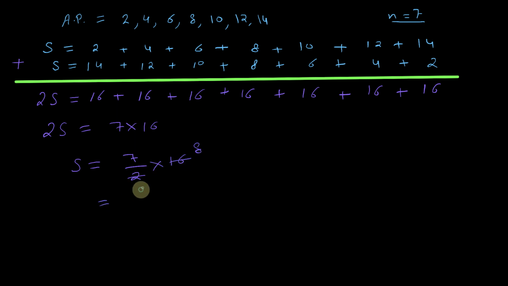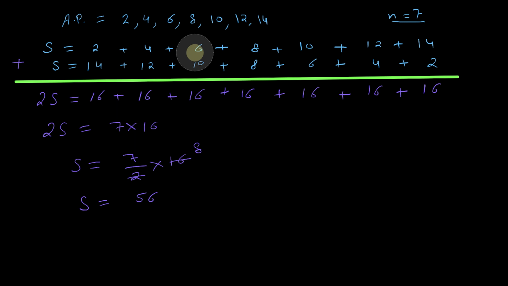You will get 7 into 8, 56. So sum of these terms is 56. Now consider what would happen if there are more number of terms, say 70 or 700. Then we cannot write these terms like this. So let's generalize this idea.